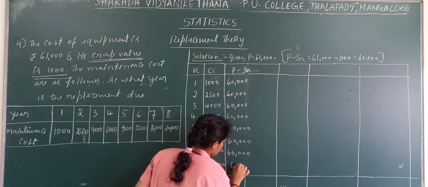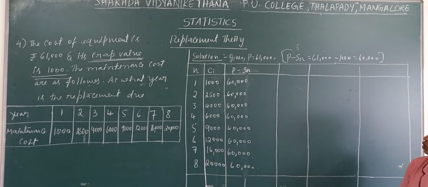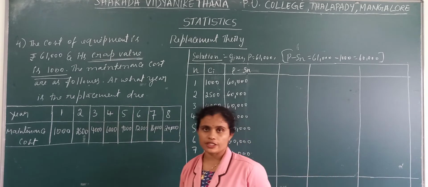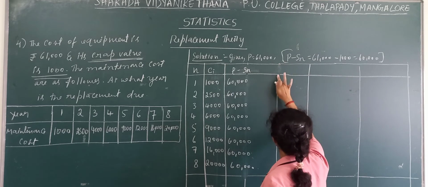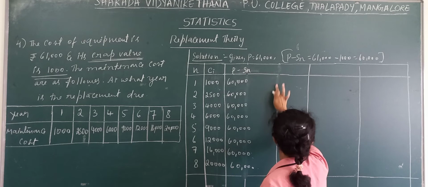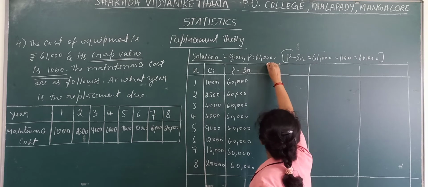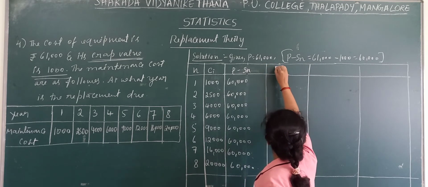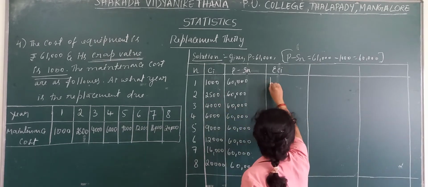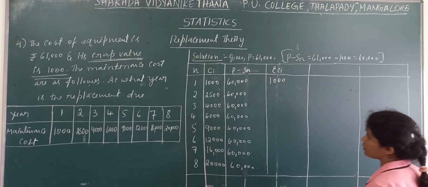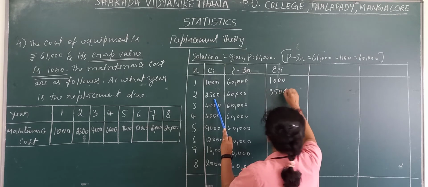Next is the cumulative operating cost, that is nothing but sigma Ci. See, the first operating cost is 1000. 1000 plus 2500, then we get 3500.